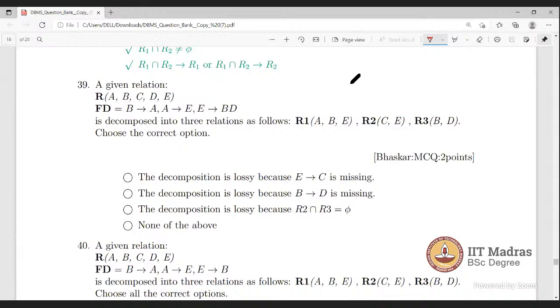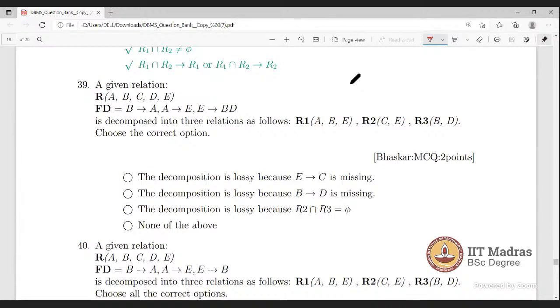D. We get D from R3, because B is common in R1 and R3. AB is in R1. Let us call the result R13, an intermediate table after combining R1 and R3. That table will have attributes A, B, E, and D.